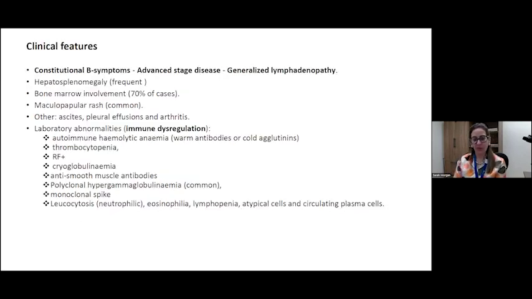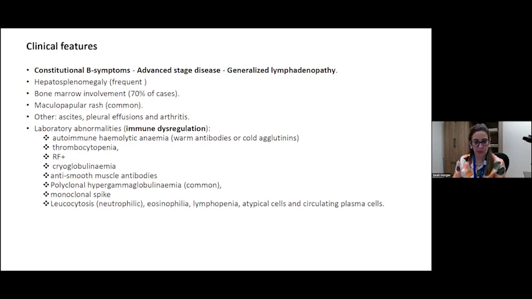So those patients are really sick and they present with a lot of confusing constitutional symptoms, sometimes with fever. They always present with an advanced stage disease with generalized lymphadenopathy and organomegaly. Bone marrow is involved upfront in 70% of the cases. And they have a lot of immune dysregulation, and that's what made our case quite interesting or confusing initially for the clinicians.